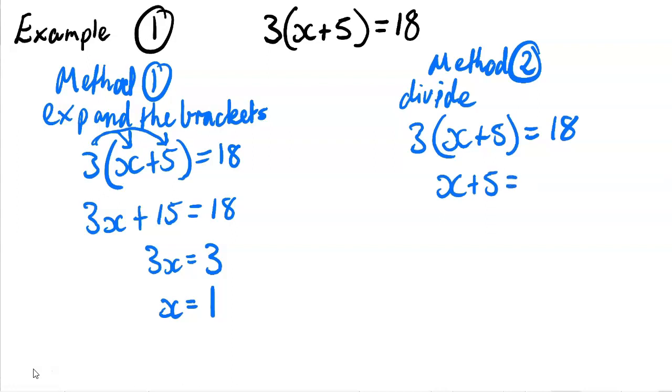So 18 divided by 3 is 6. And now I'm going to take 5, because I've added 5 to x, so I've got to undo the add 5 by taking away 5. So x equals 1. So you can see both ways we end up with the same answer.